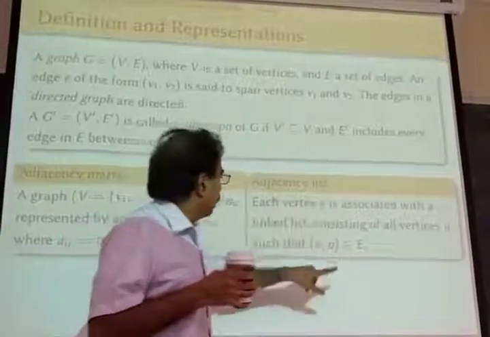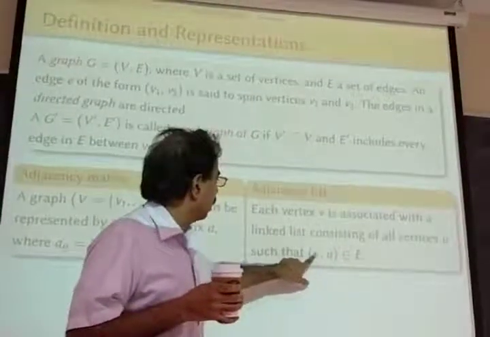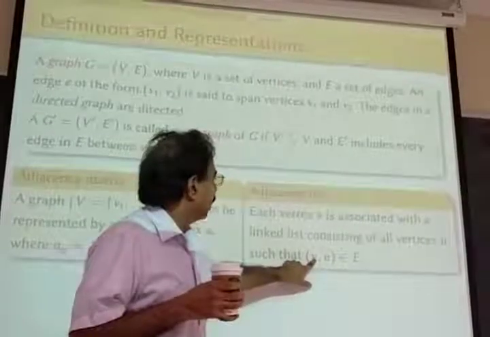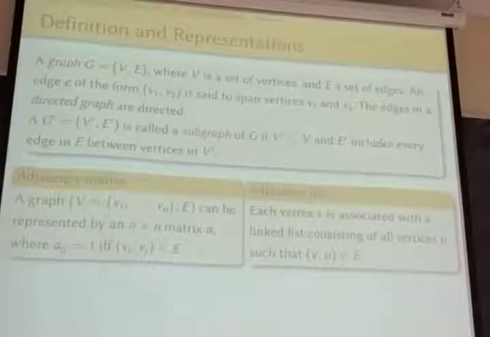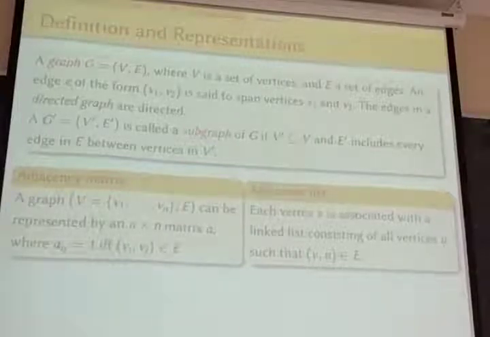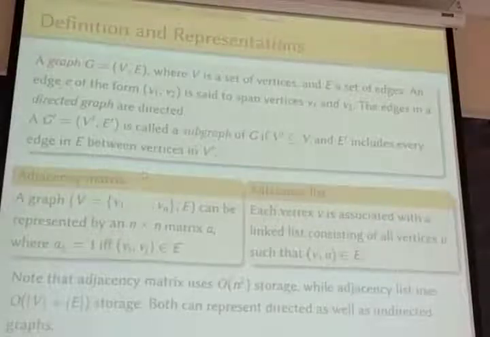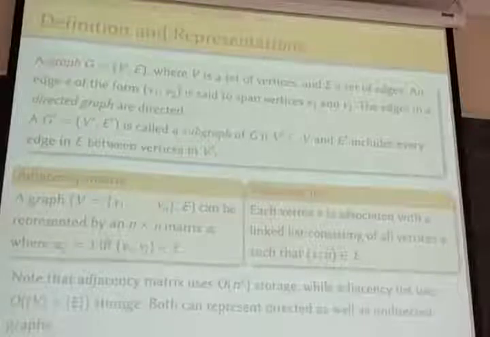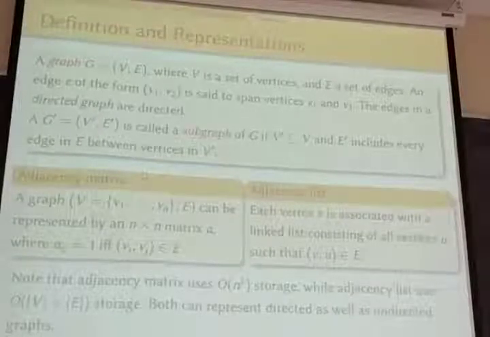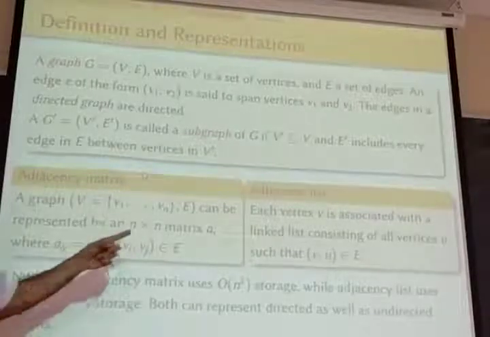So if you have your vertex V, then every edge of the form V comma U, these are edges that are starting at V, all of these edges are kept together with the vertex V, and this is called an adjacency list.